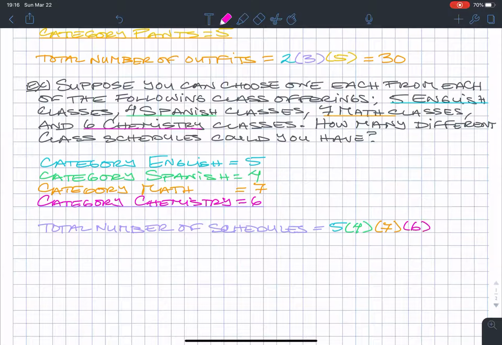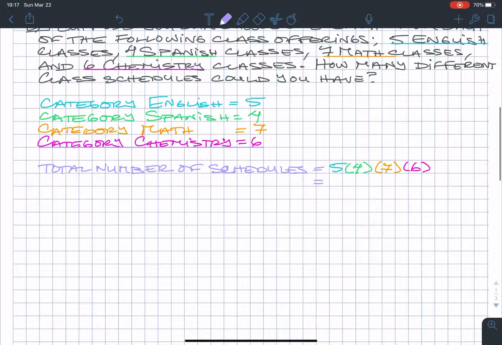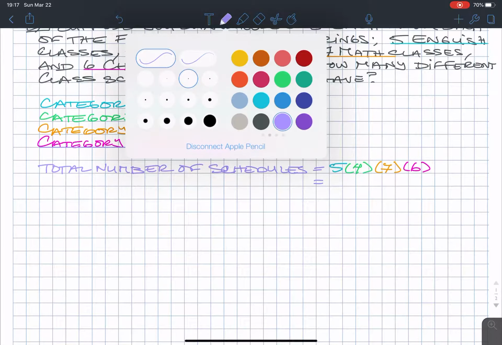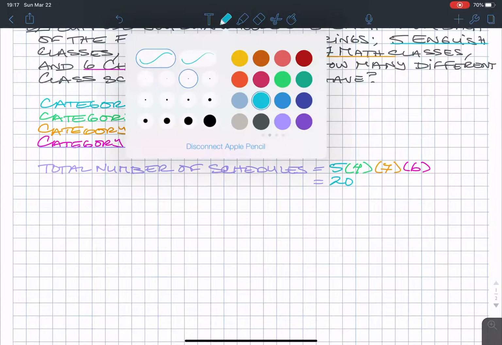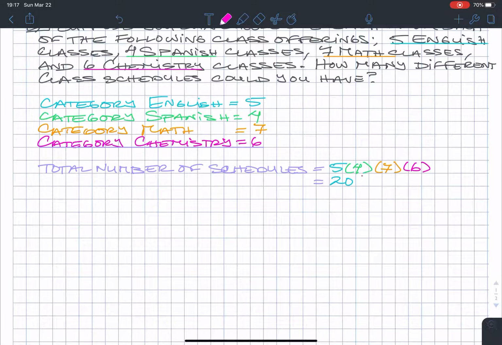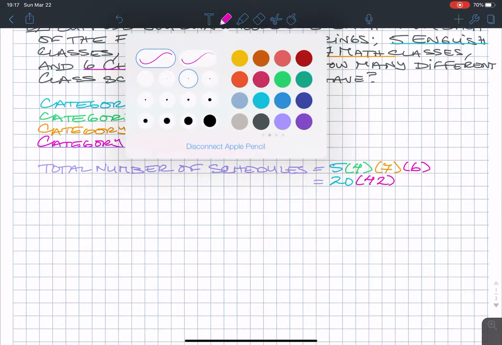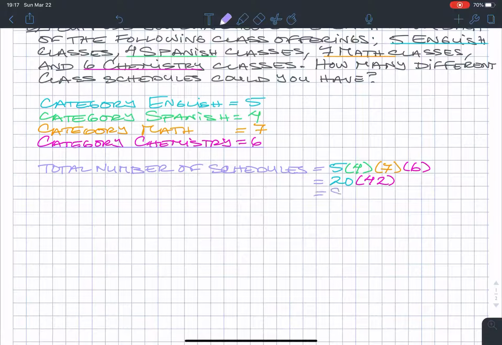Okay, well that math might be a bit too much, so let's do it part by part. So 5 times 4 is 20, and 6 times 7 is 42. 2 times 42 would be 84, so I tack on a 0, and there we are. So that's the number of distinct schedules we could have.